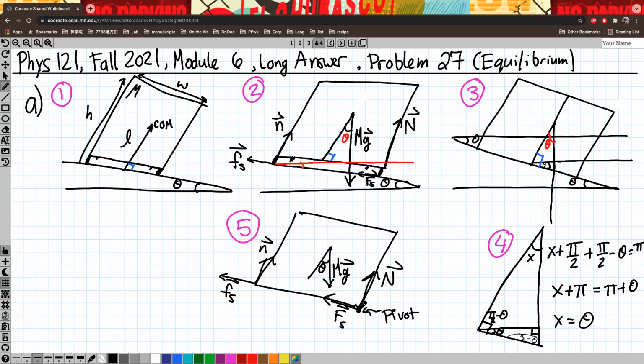So what about the torques? Well, in equilibrium there's no net torque because it's not moving, but there could definitely be torques.